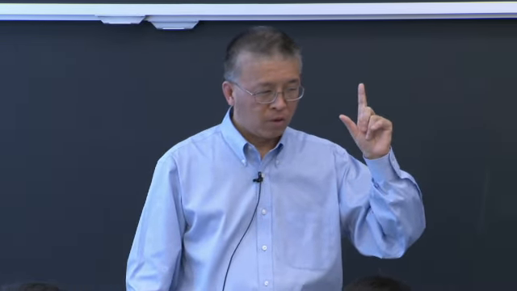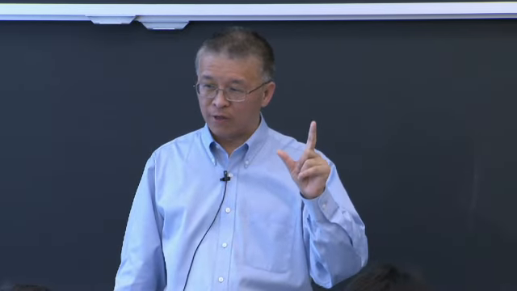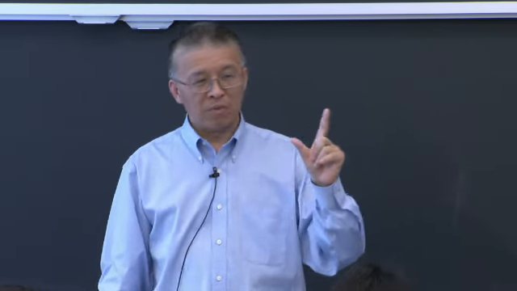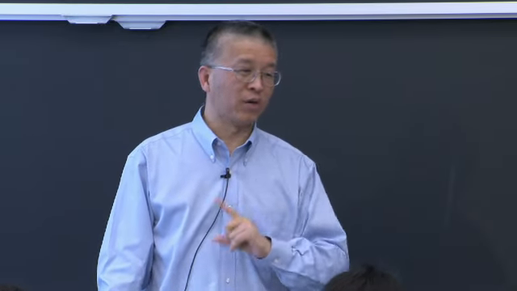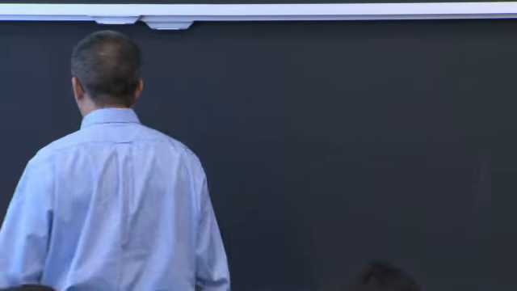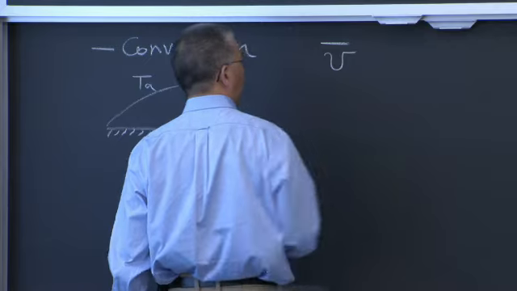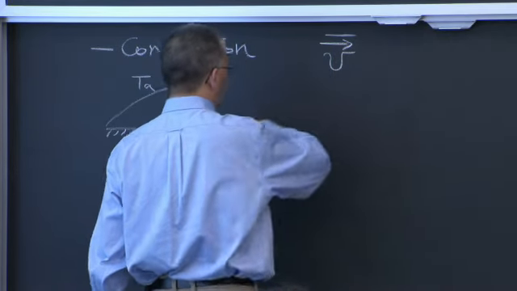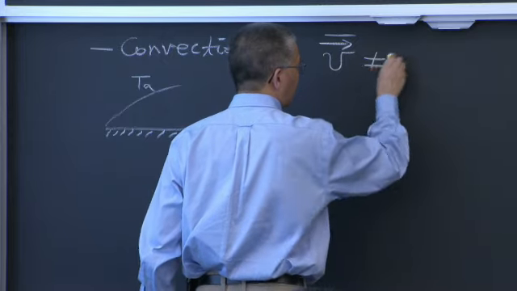In heat conduction, molecules are moving randomly at 300 meters per second, pretty fast, but their average velocity vector is 0. For convection, the average velocity is not 0.